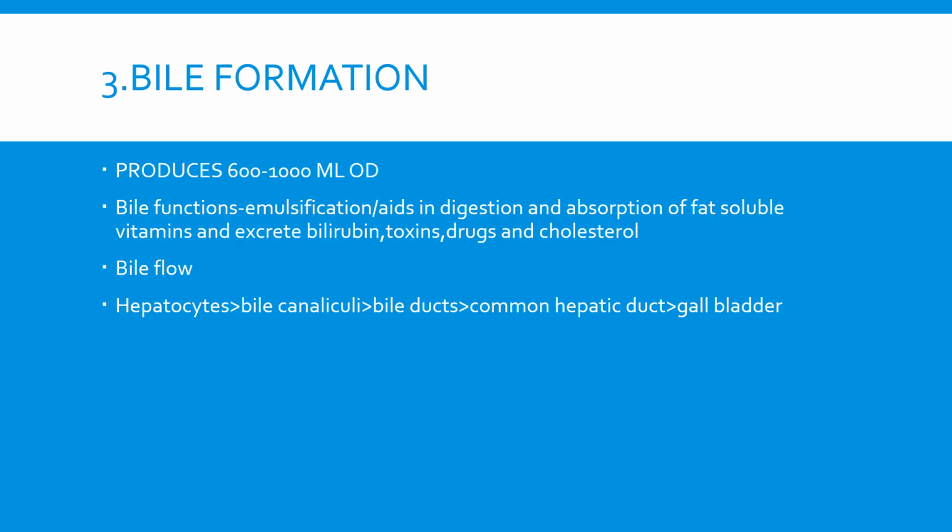Bile flow starts at the hepatocytes, the liver cells, and moves to the bile canaliculi, where it's directed to the bile ducts, and the common hepatic duct takes it through to the gallbladder for storage.